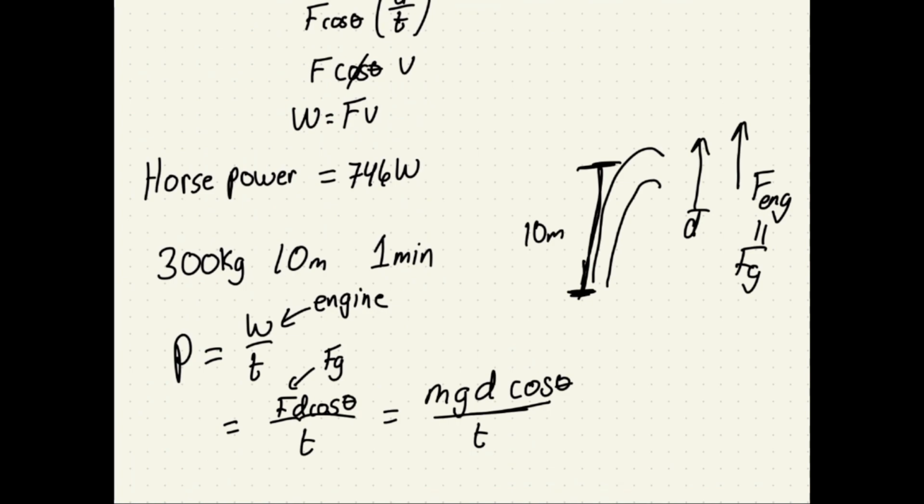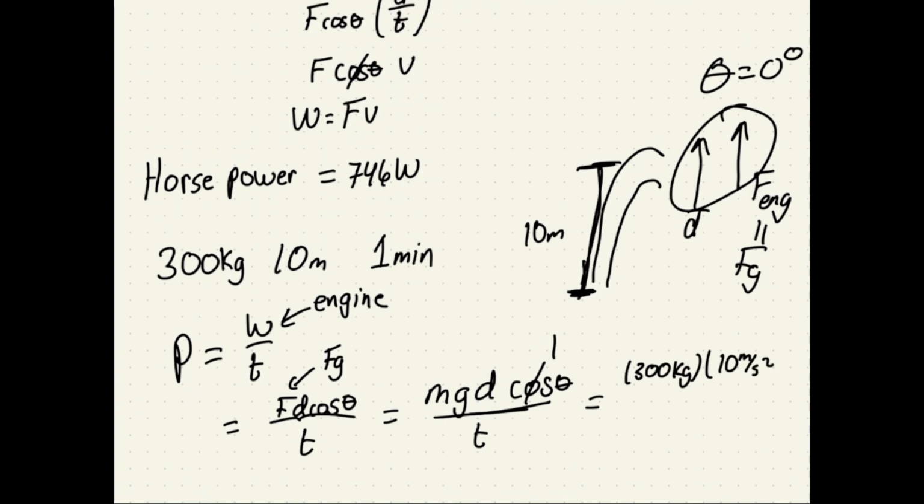So that tells me that my cosine theta is going to be 1, because theta here, as you can see from these two vectors, is 0 degrees. So cosine of 0 is 1. I can just plug in some numbers. I would put in my mass, which is the 300 kilograms of water we want to move. Our gravity constant is 10 meters per second squared. Displacement will be 10 meters.